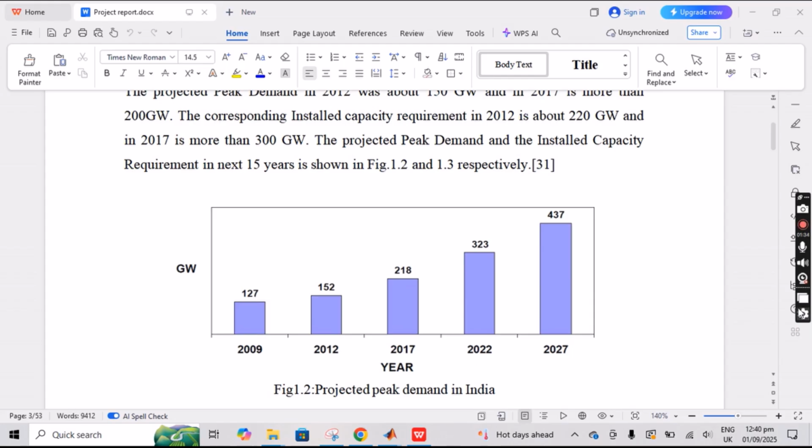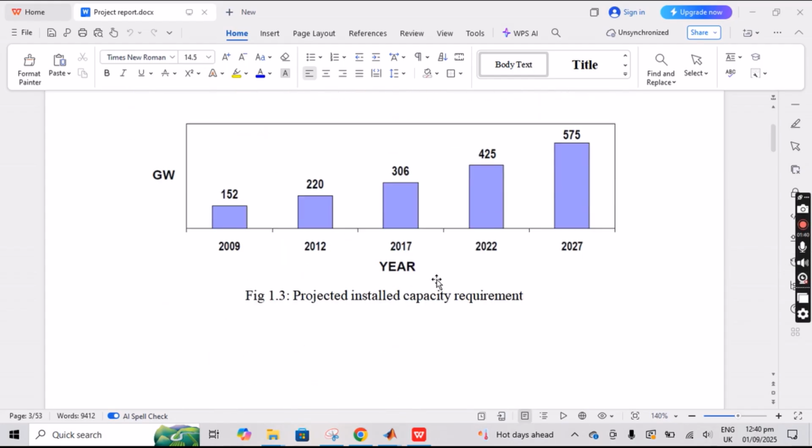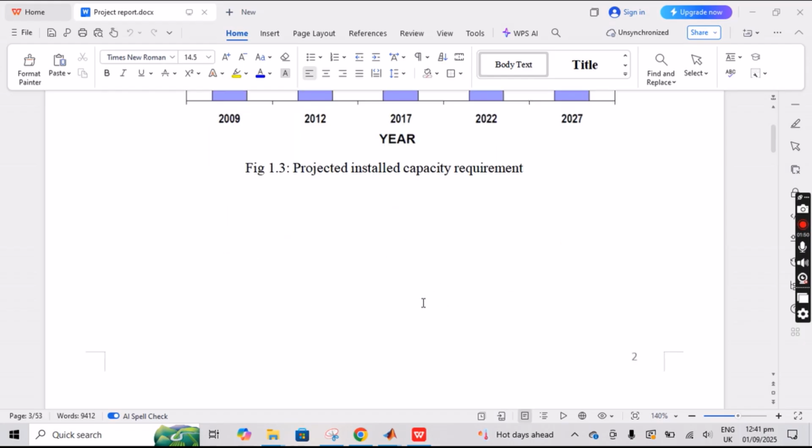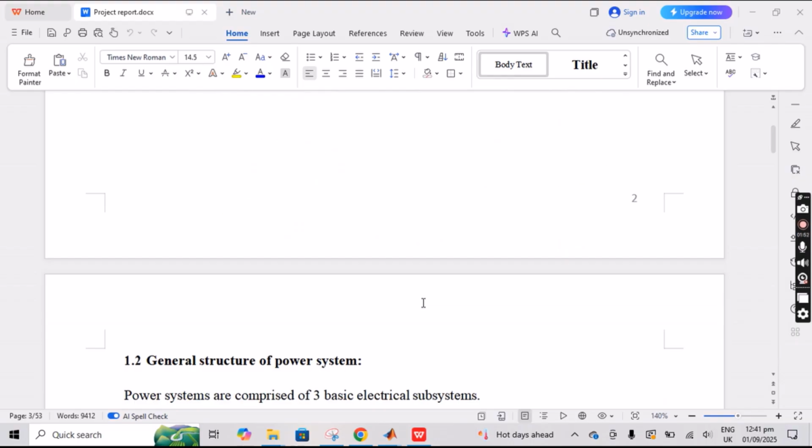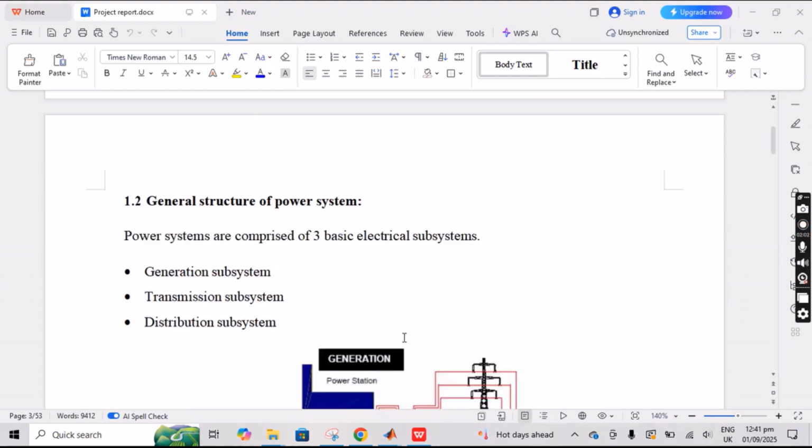After that, the next part is the projected installed capacity requirement as well. Then the general structure of power.